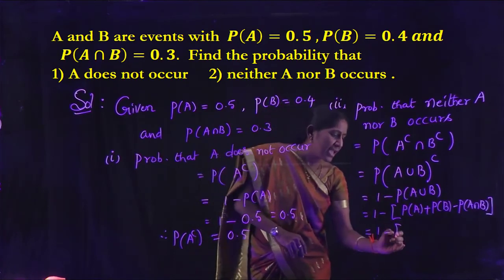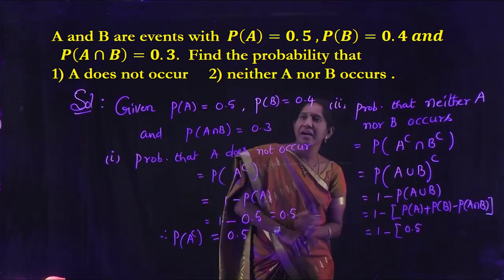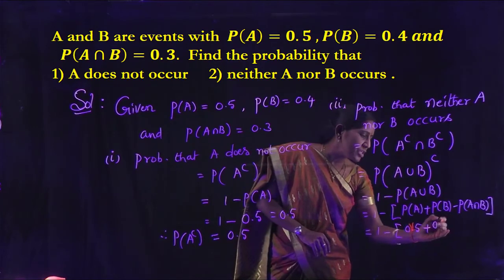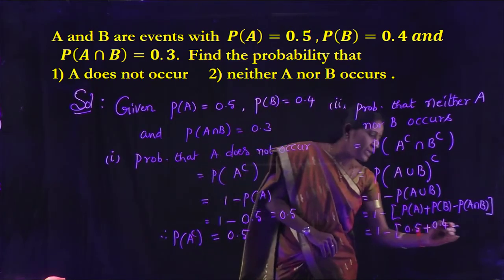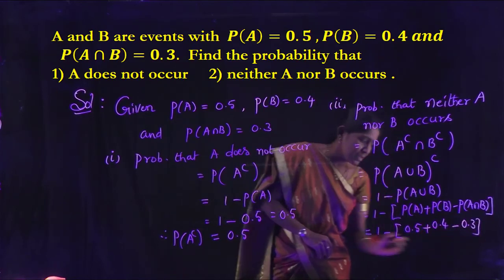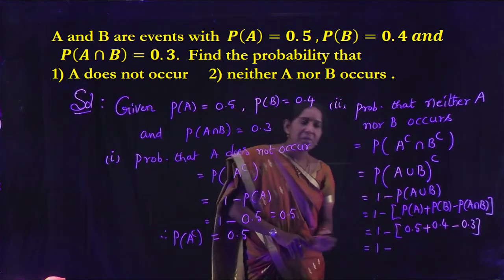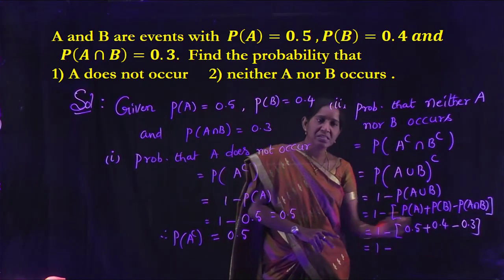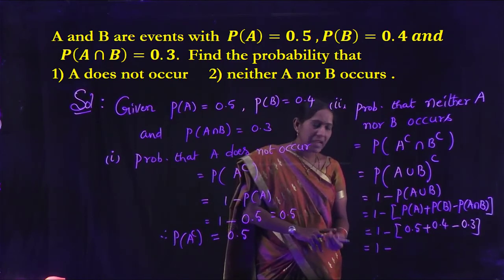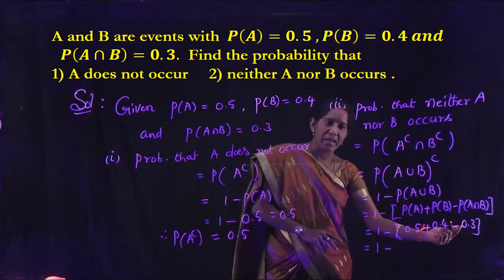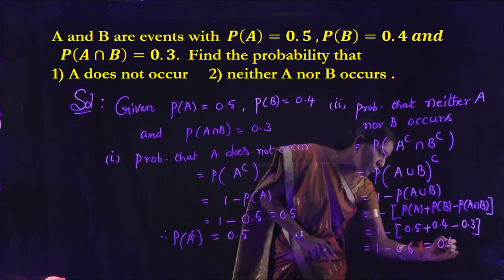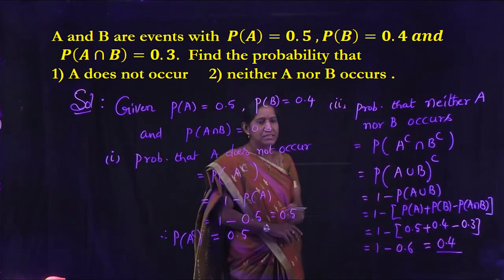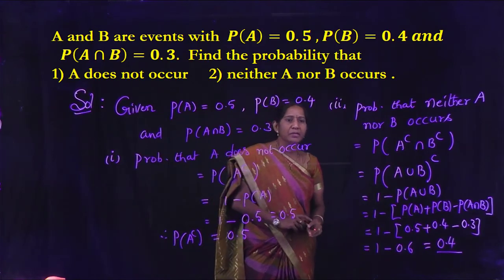P of A is 0.5, P of B is 0.4, minus P of A intersection B is 0.3. So this becomes 1 minus (0.5 plus 0.4, that is 0.9, minus 0.3), which is 0.6. 1 minus 0.6, then that value is equal to 0.4.